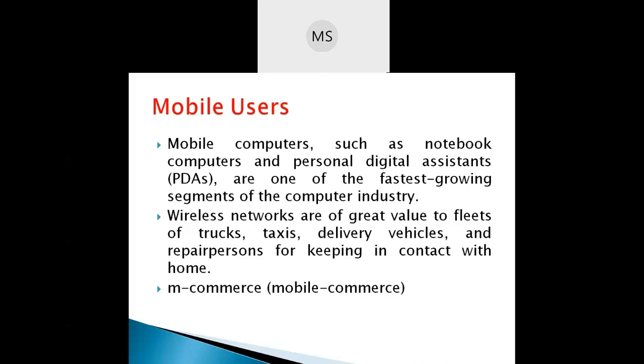So how these components are interconnected with one another: by default, they are interconnected with each other through wireless networks. And nowadays we have the provision that we can identify the location of even transport vehicles with the help of this wireless technology.